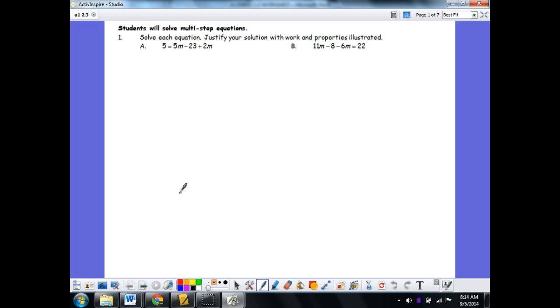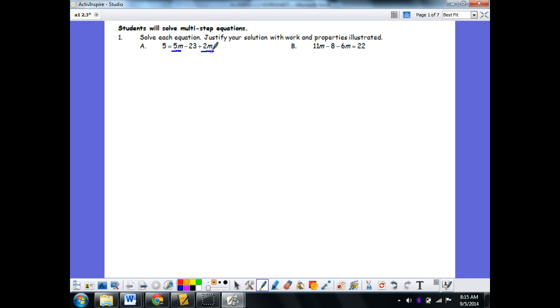Now, in many of these cases, we're going to have more than one variable, and in this case, they're going to be on the same side of the equal sign. So when that happens, we are just going to combine our like terms. Since we're not moving one to the other side, there's no need to change the signs. We're just going to combine them the way they are.